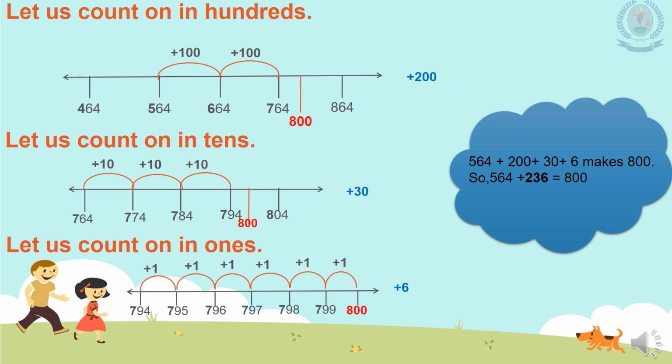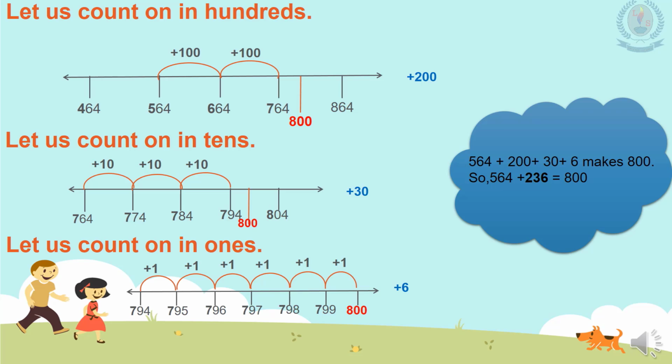From the above example, you can see we are trying to get the answer by counting on in hundreds, tens and ones on a number line. First of all, my dear students, you have to remember that when we are counting on along the number line, you have to start from the greatest place value through to the smallest place value.